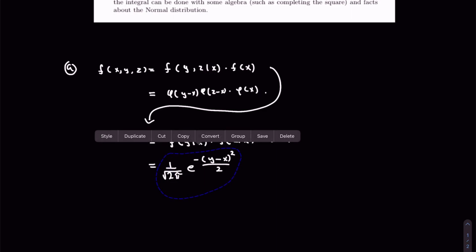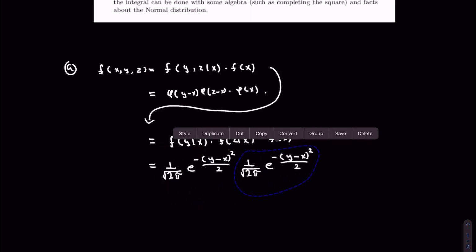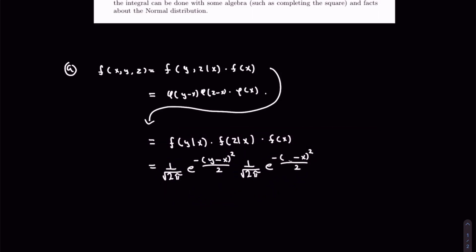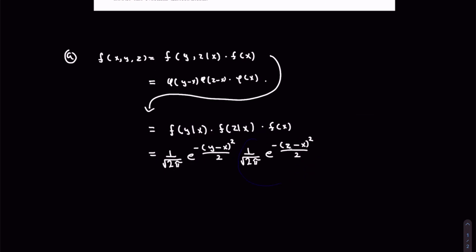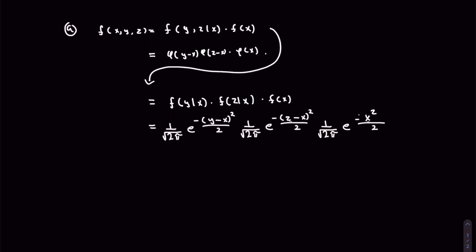I'm just going to copy this, remove the y, write z here, and same thing for x, except that it is standard normal, so we can just write x squared. Just note here that these terms are what I meant by z minus x and y minus x there.